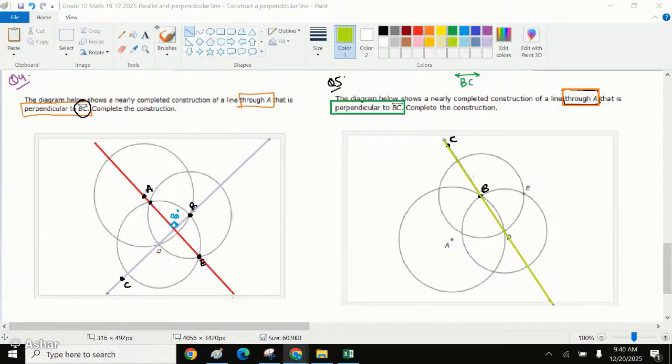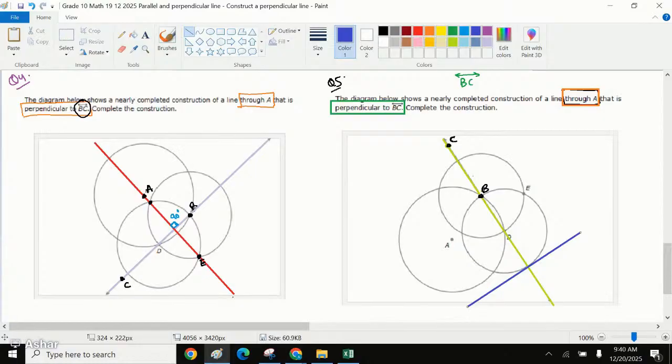Agreed? Once we agree on this, we need to make a perpendicular against it. Perpendicular would mean it has to be 90 degrees. It should make a plus sign, right? Making our lives easier, let's say it has to make a plus sign with the line B and C. Is it making a plus sign?